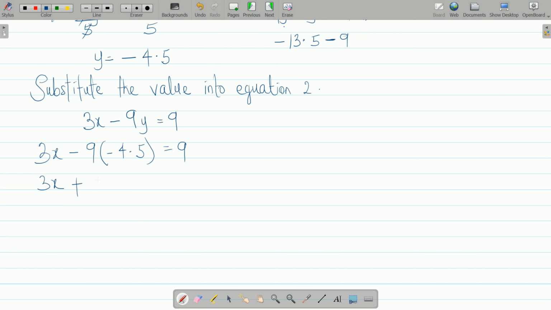Minus 9 times minus 4.5 equals plus 40.5, equals 9. After that we can collect like terms. Plus 40.5 moves to the other side and becomes minus 40.5.